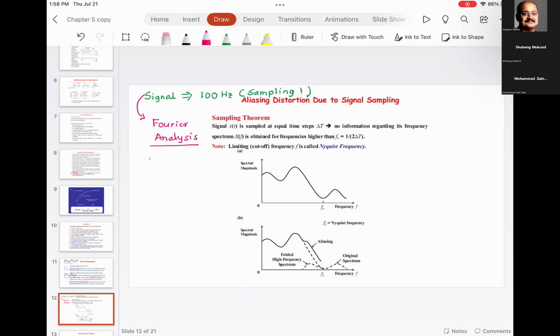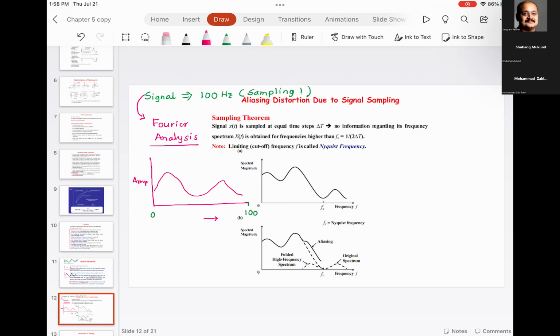Now what happens in Fourier analysis is I have the frequencies and I have the amplitudes. And these frequencies will go from 0 to 100 hertz. You will do it with a number of bins and find out the spectrum, and this spectrum may look something like this.